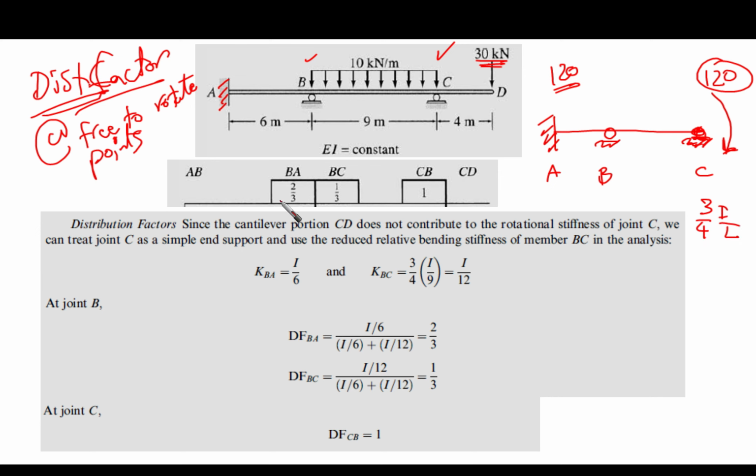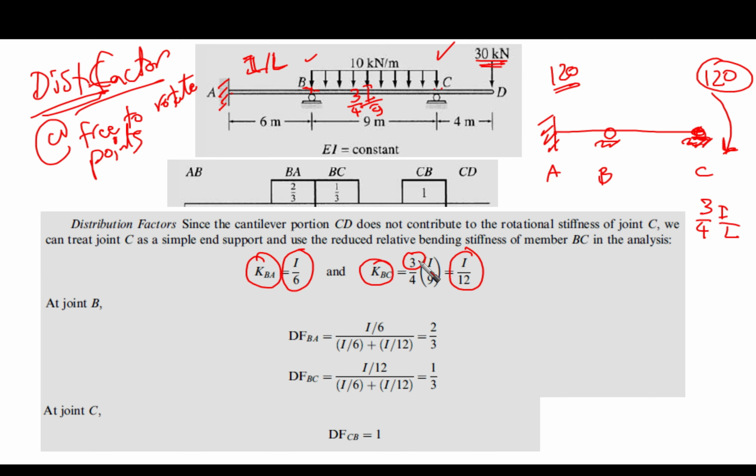So based on this, at point B, the far end here is fixed, so KBA is going to be I over L, which is I over 6. And KBC is going to be 3/4 I over L, which is 9, and equals I over 12 at the end.